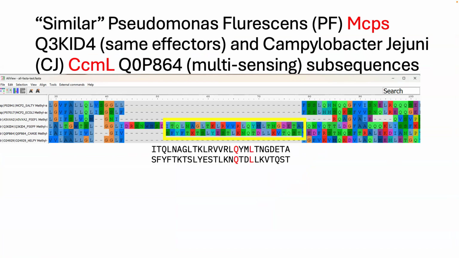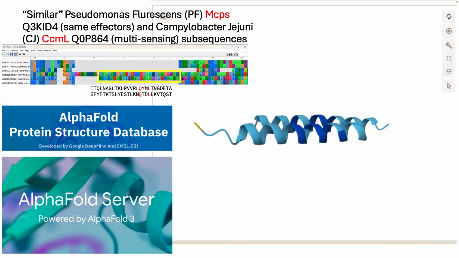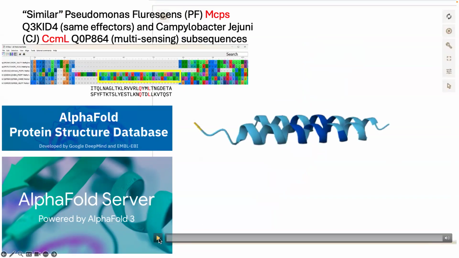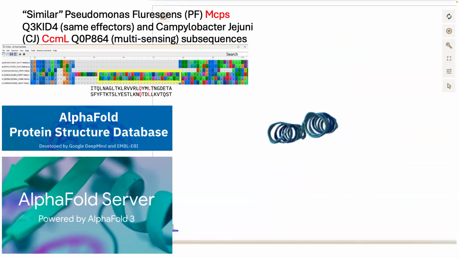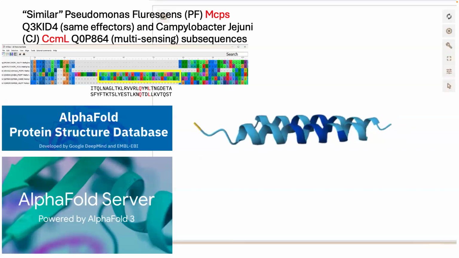Next, we have the similar PF and CL, the things that showed up that I didn't expect to have some similarity, but let's look at what we find for that from a folding point of view. And once again, these are really, really close to the same type of structure.